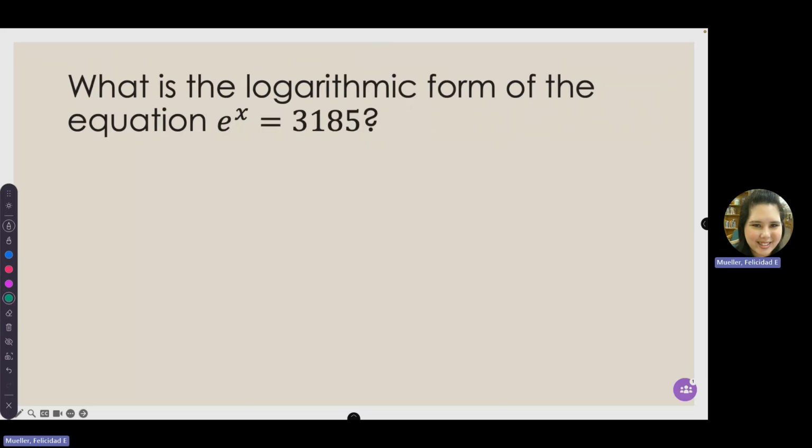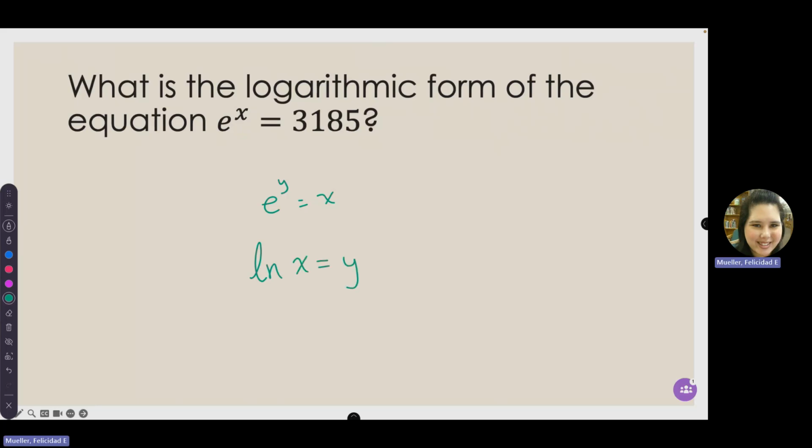Next, we have what is the logarithmic equation form of the equation e to the x equals 3185. So remember, anytime you have e, you're going to use ln. So in this case, we normally have it as e to the y equals x is the same thing as natural log of x equals y.